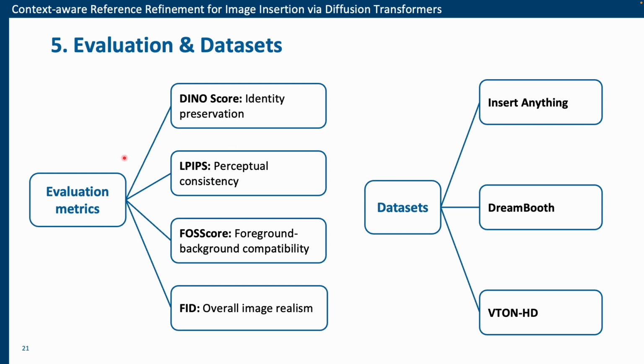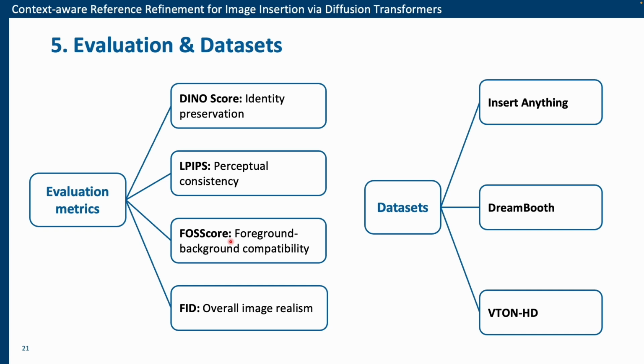And for the evaluation, we use four evaluation metrics. First, DINO score is used to measure identity preservation, and second, LPIPS measures the perceptual consistency, focusing on visual similarity from the human perception perspective.